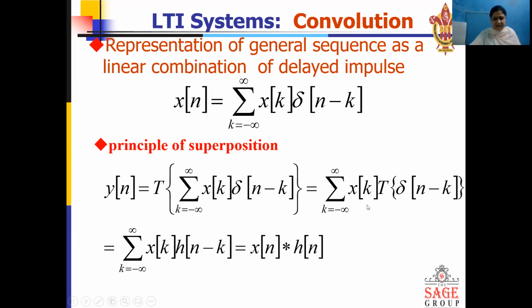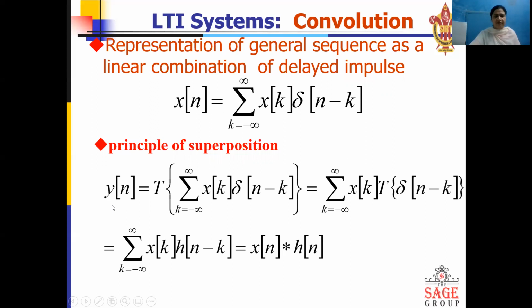So x k will be taken out because x k is independent of n. Now we know that when delta n is given to the system, the output obtained is h n. Since the system is time invariant, for input delta n minus k, the output obtained will be h n minus k.